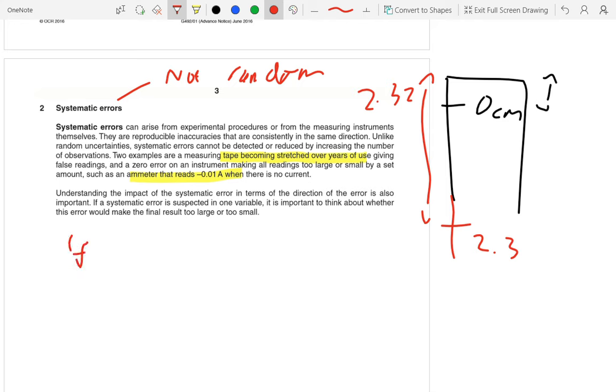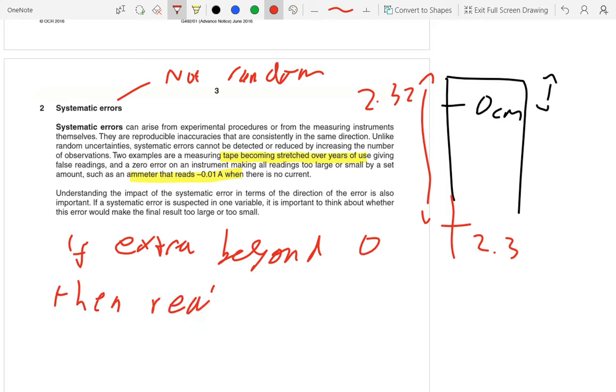So in this case, if there's extra beyond 0, then the real value is larger.